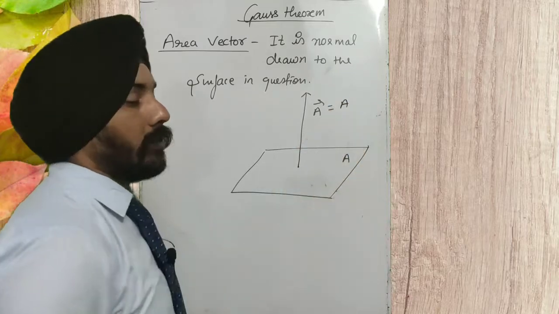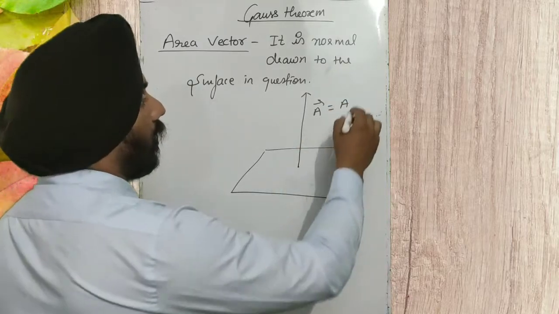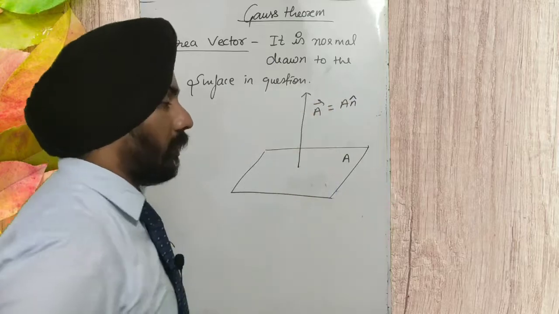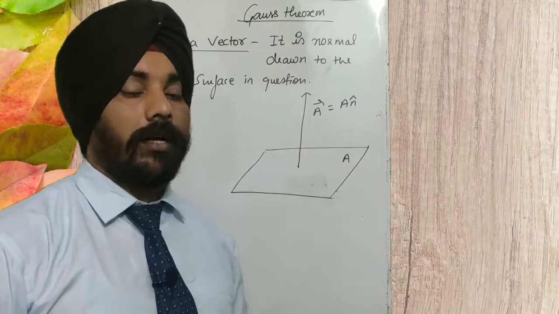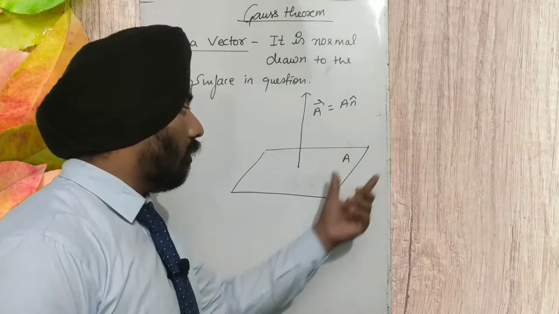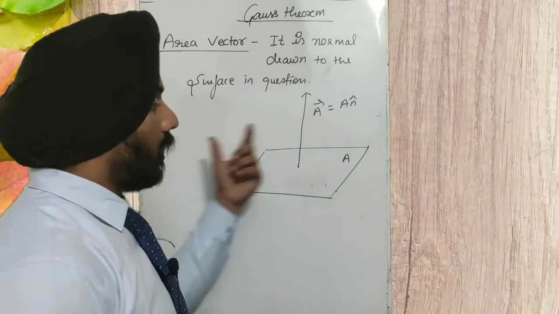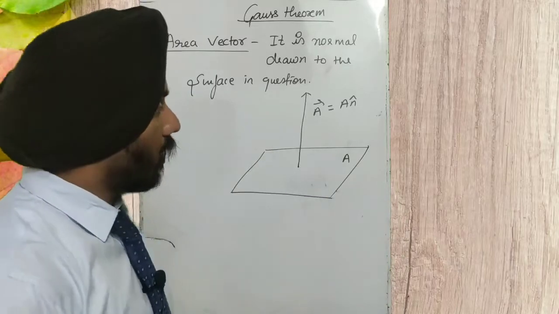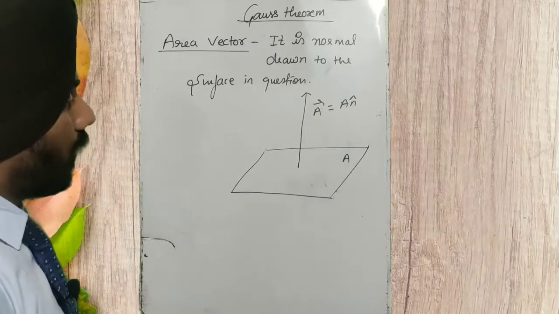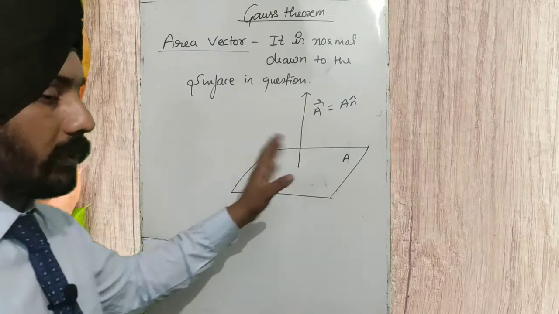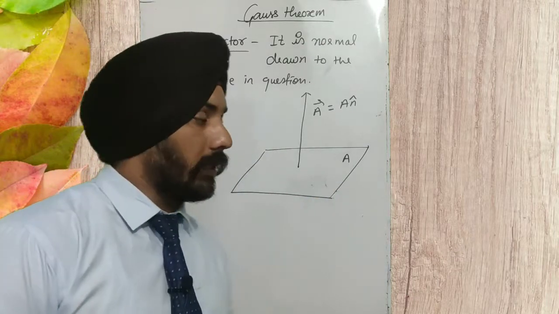Area vector is equal to the magnitude of area and a unit vector, and this unit vector has the direction perpendicular outward to the surface which we are talking about. So this is area vector.